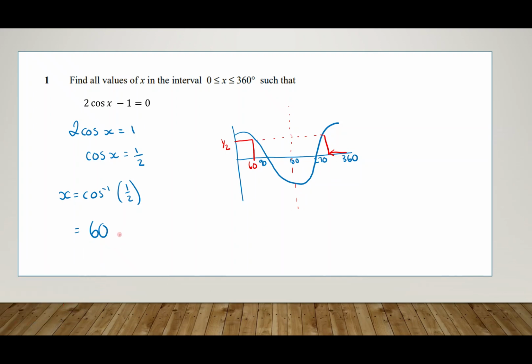So this is going to give me my second solution, which is equal to 300. So quick check, does 2 cos 60 minus 1 and 2 cos 300 minus 1 equal 0? Yes, they do. So we're happy that both of these solutions are correct.